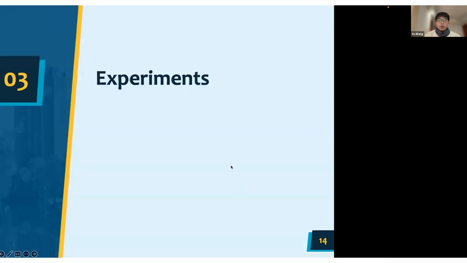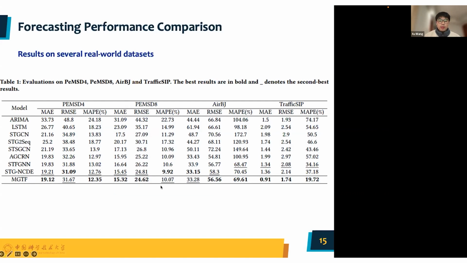We evaluate our model on 6 real-world spatial temporal forecasting datasets. As can be found in this table, compared with several state-of-the-art methods, our model achieves either best or second-best forecasting accuracy with respect to all 3 metrics on the 4 datasets.